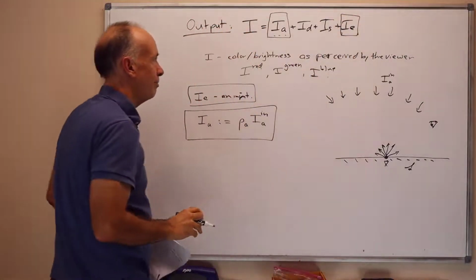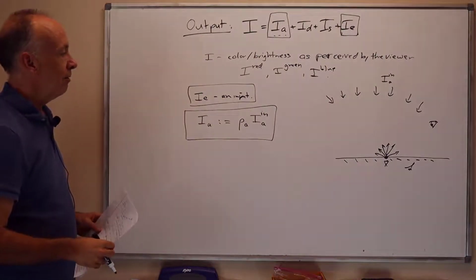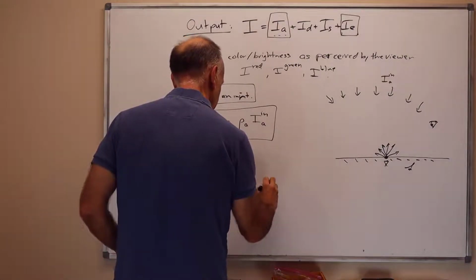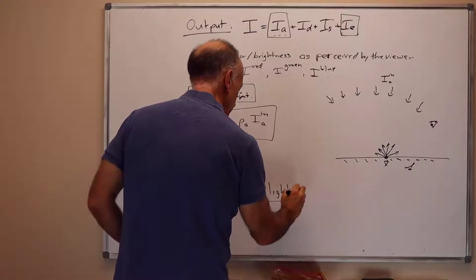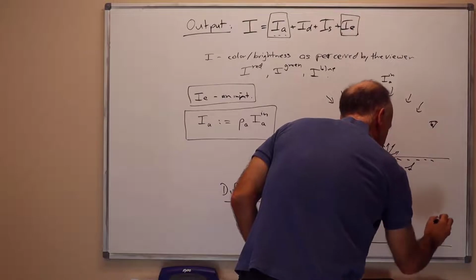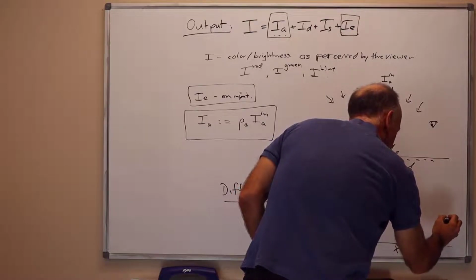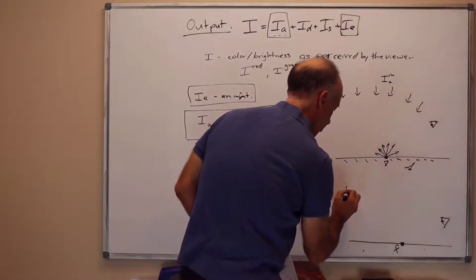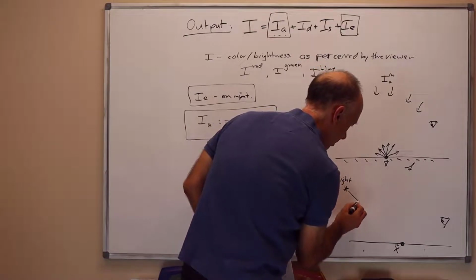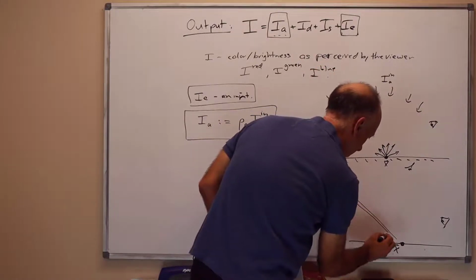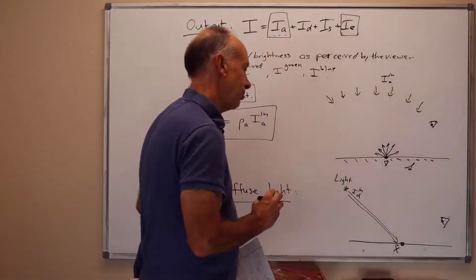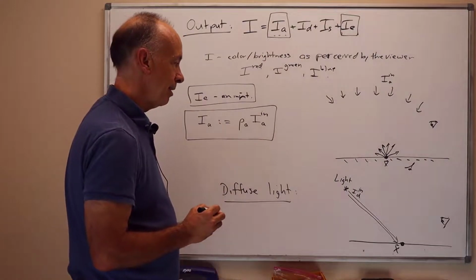So let's talk next about diffuse light. Diffuse light is going to have the following picture. Here's our surface with point X on it. Here's a viewer. And some light sources here, sending light towards the surface at X. So there's some light coming in, I in D. As usual, we'll do this separately for red, green, and blue, but I'm just hiding that.